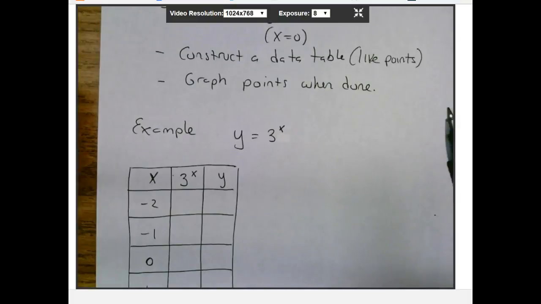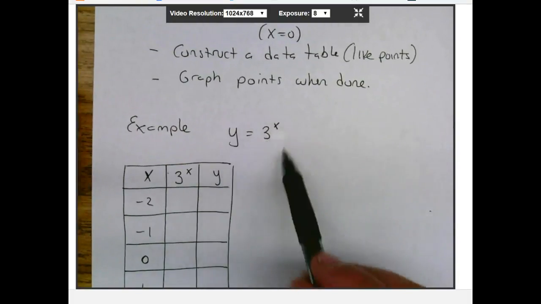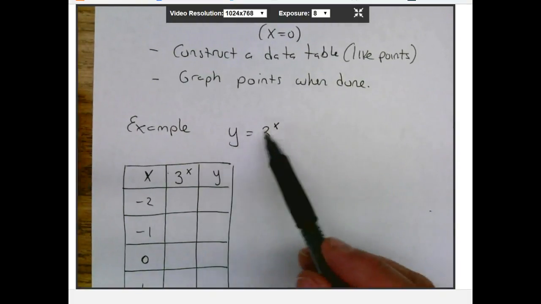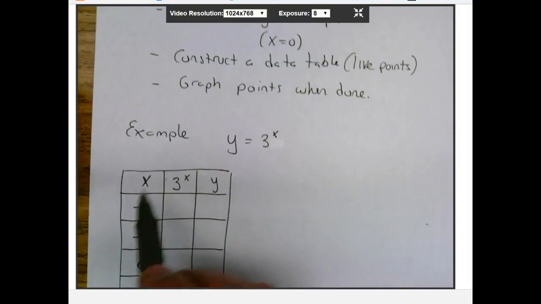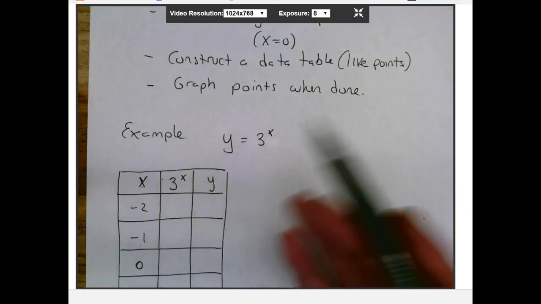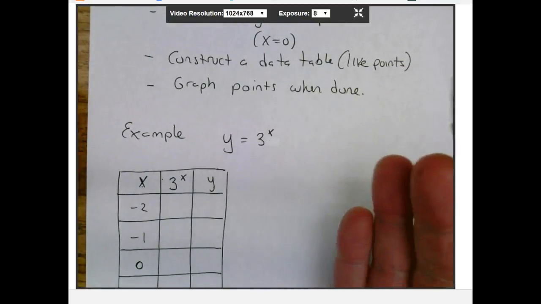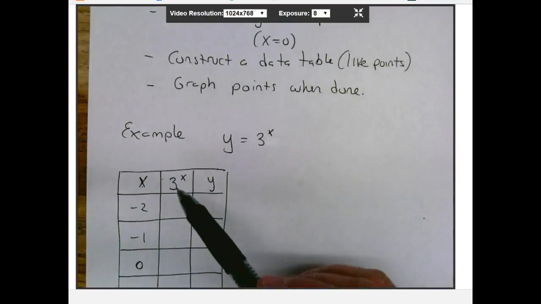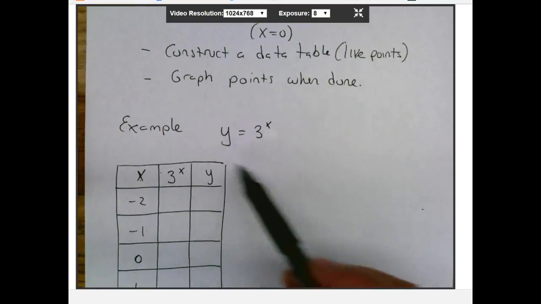The one we're going to do first, just as an example, is y equals 3 to the x. So we take this equation and plug it in, to see what y is when x equals something. Here I have x and y, and I've included an extra column, 3 to the x. So we're saying, when x is some power, what is y equal to? And that's really what the function says.